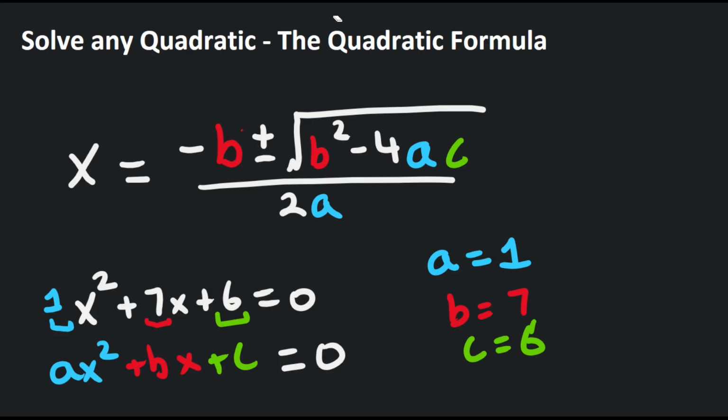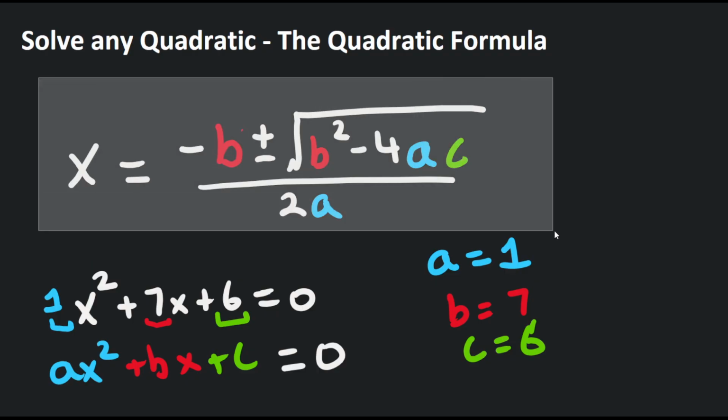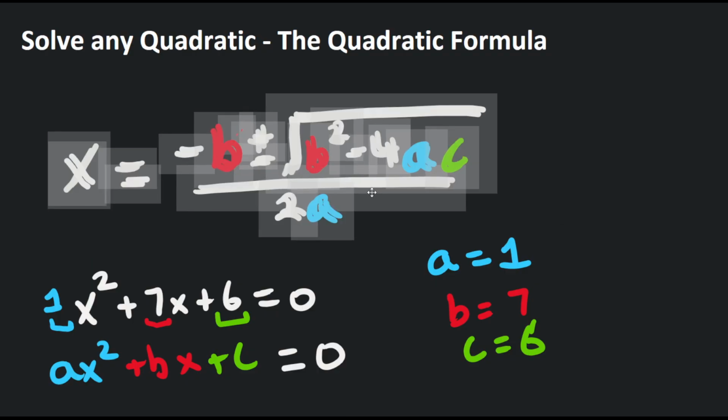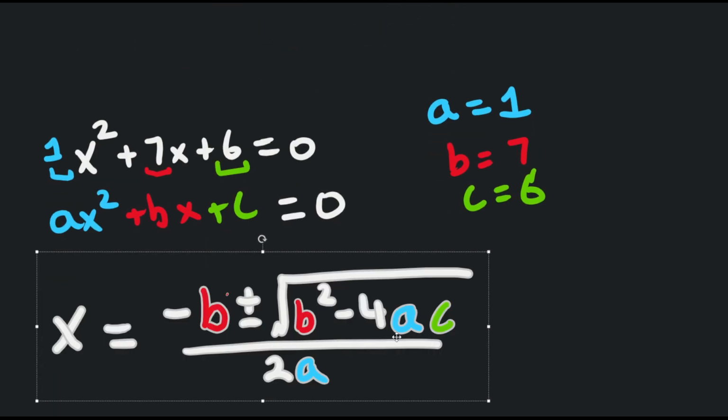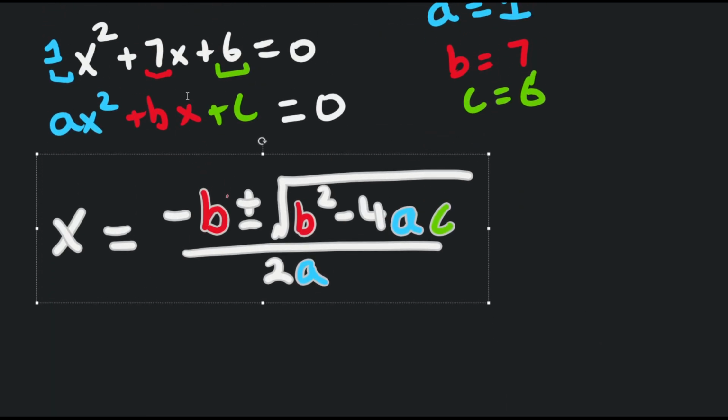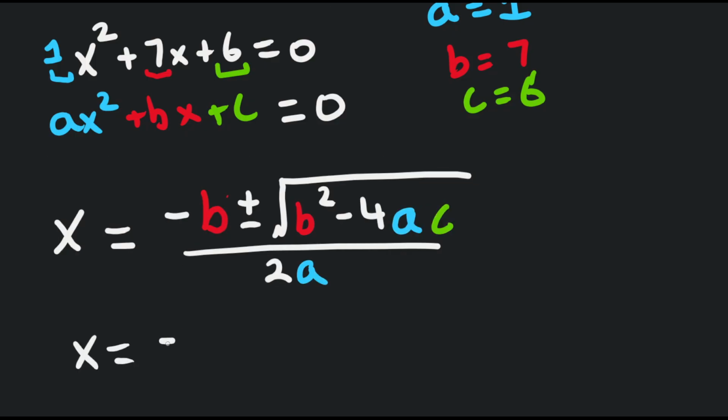Okay, so let's go ahead and begin by substituting it. So let me actually just move this down here, just so we can get a better look at it. And let's go ahead and begin substituting. So x equals negative, and what's our b? Our b right here is 7, so negative 7, plus minus the square root of b squared. So what's our b?